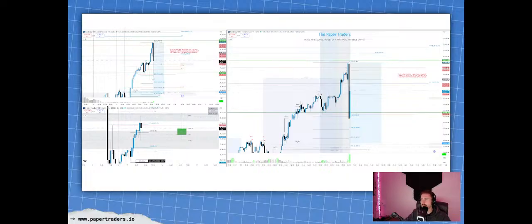Got 2 more minutes left in this 5 minute candle. Price is aggressive right now.